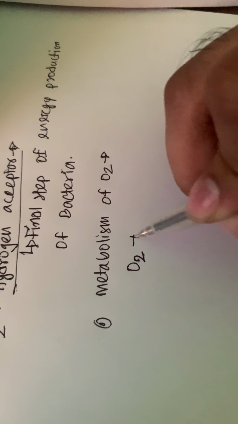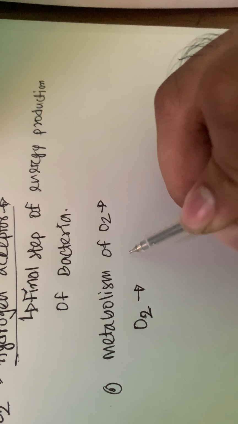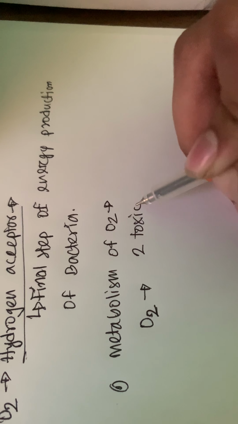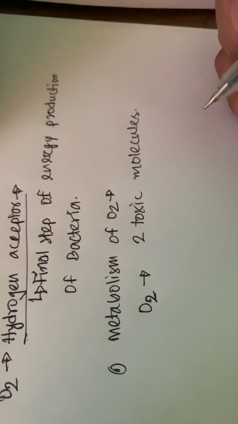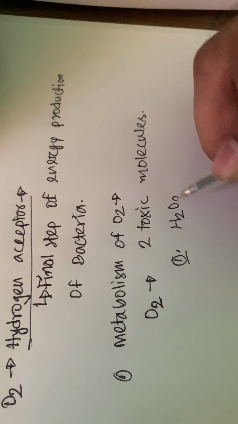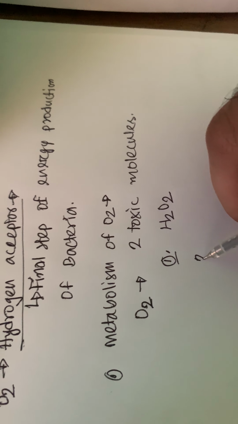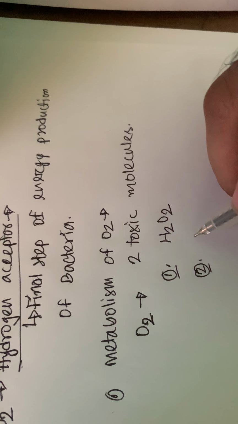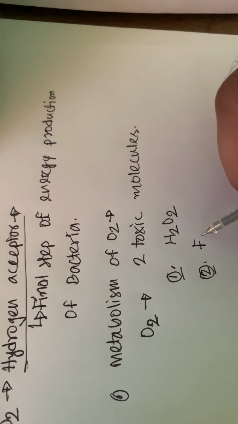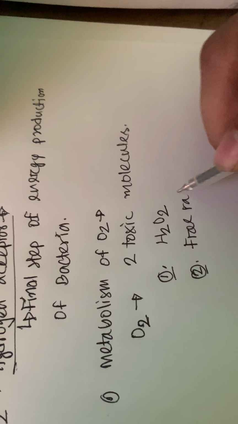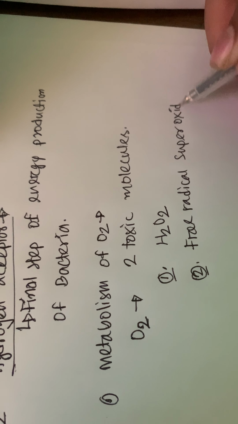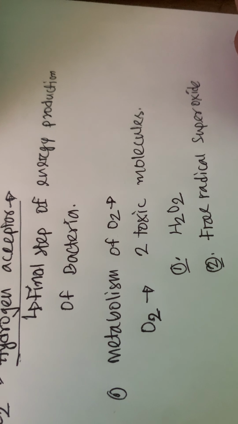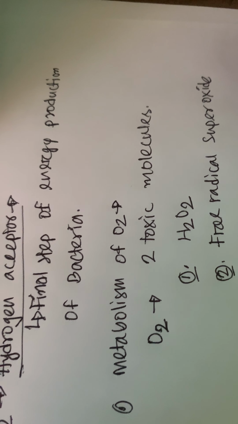They generate two toxic molecules, and they are hydrogen peroxide, and another is superoxide, or free radical superoxide. So these are the toxic molecules which are produced at the time of metabolism of oxygen by the bacteria.